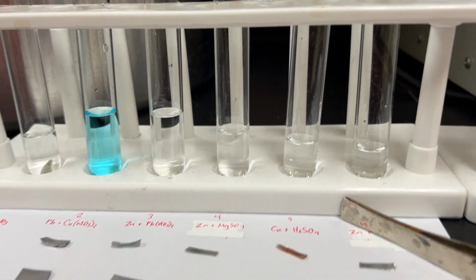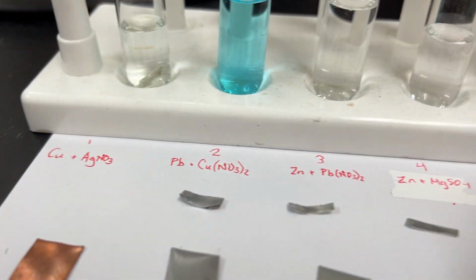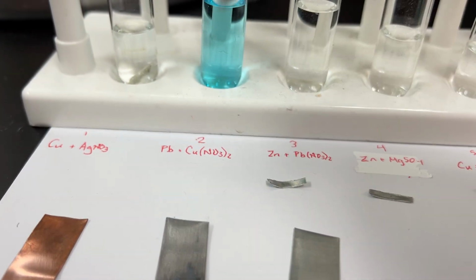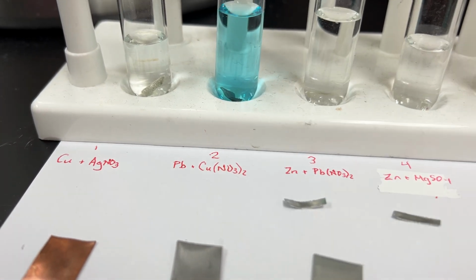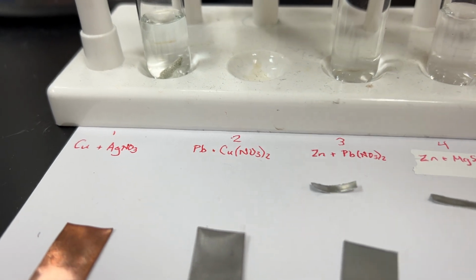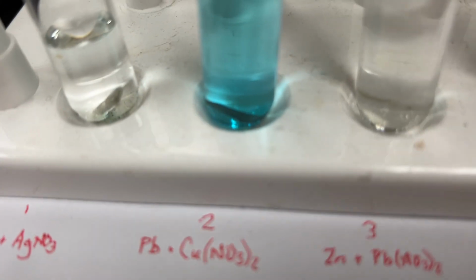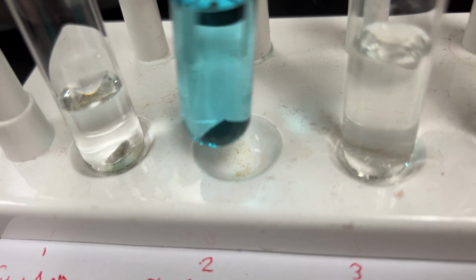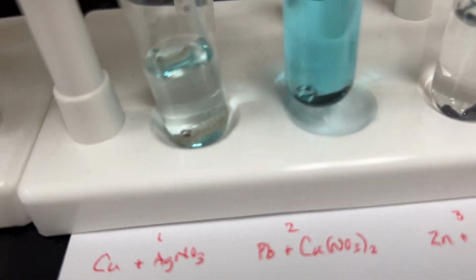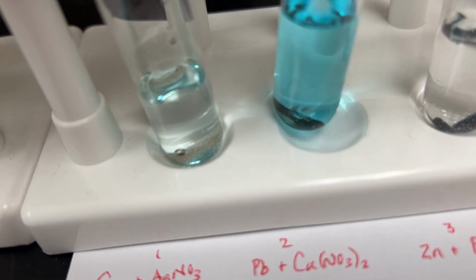All right, with the next one, we have some lead in copper nitrate. And initially, you will see it turned black right away. It is coated in black. I will let you look at this one. It's been in there for a while. It's black.